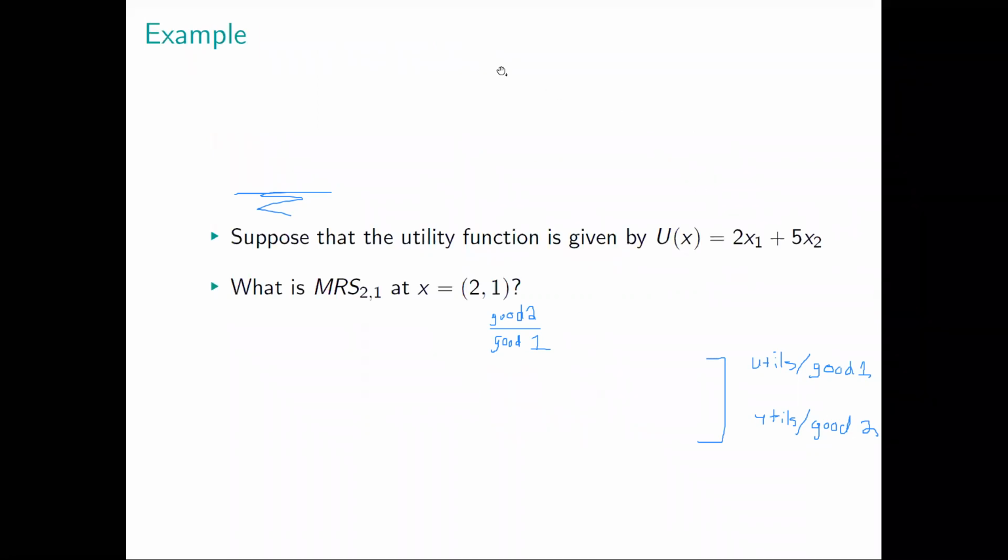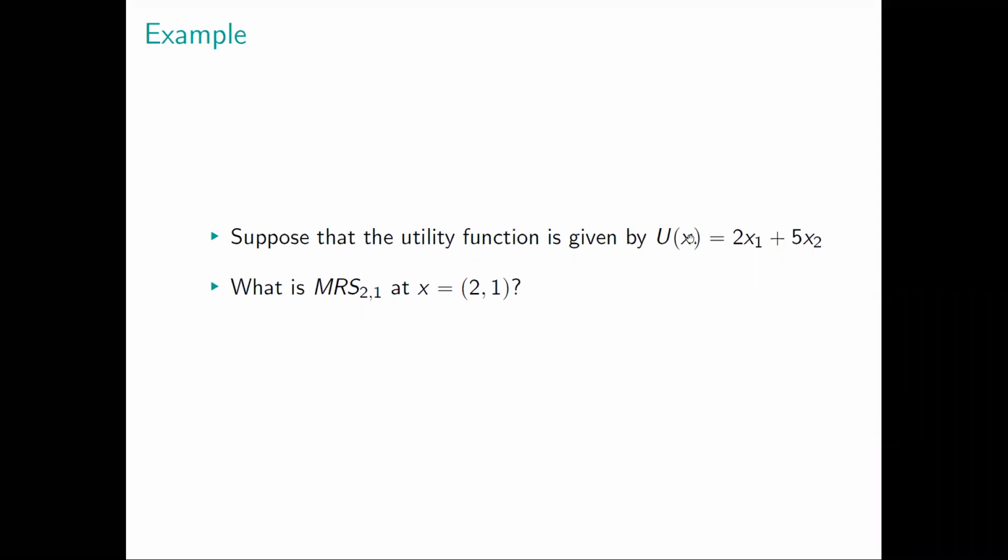We can just go through a quick example here, right? So suppose the utility function is given by this, and in this case, the marginal utility of 1 is just equal to 2, and the marginal utility of 2 is equal to 5, right? So these are just the partial derivatives of the utility function here with respect to x1 and x2 respectively.